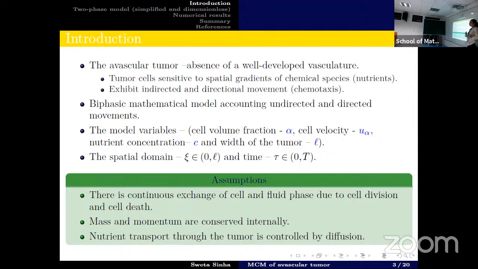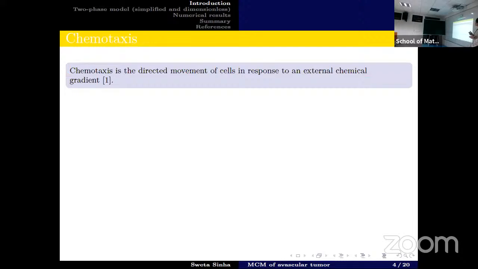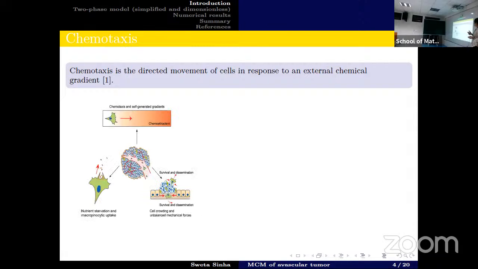Then I will move to the term chemotaxis. Chemotaxis is the directed movement of cells in response to an external chemical gradient. If we visualize this figure, we can see the tumor cells are overcrowded here. The inner regions are trying to migrate in search of nutrients.